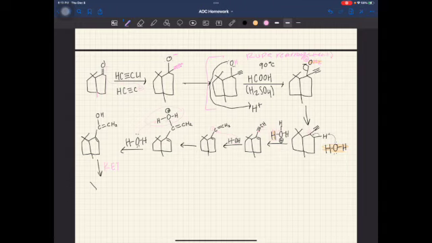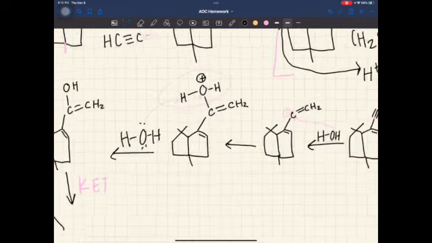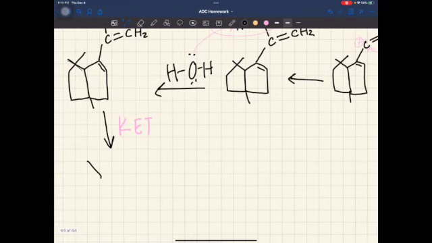Okay, now a keto-enol tautomerization is going to occur, and it's going to look like this. We're going to have our ketone here.